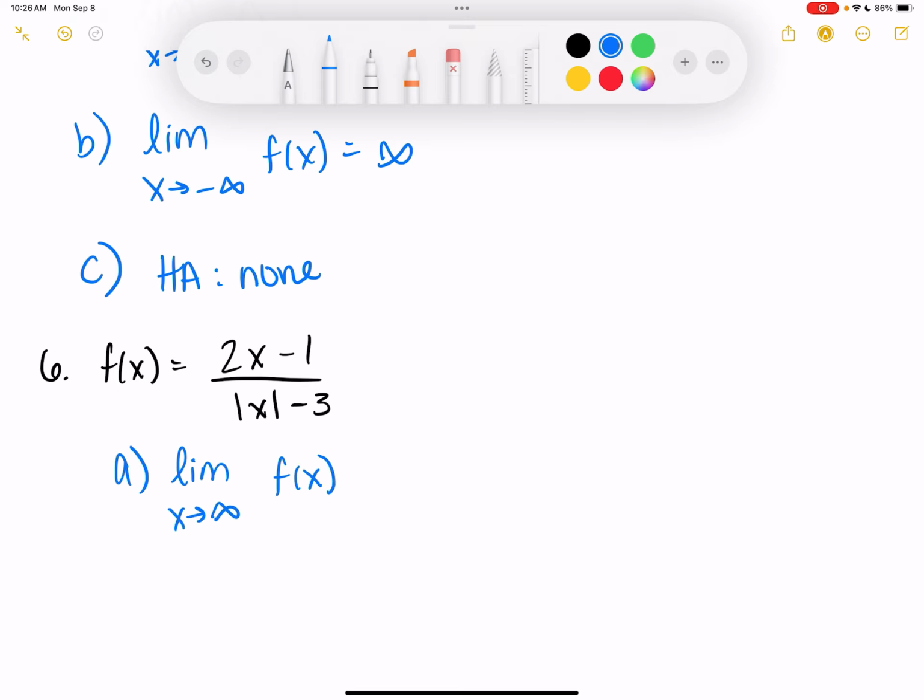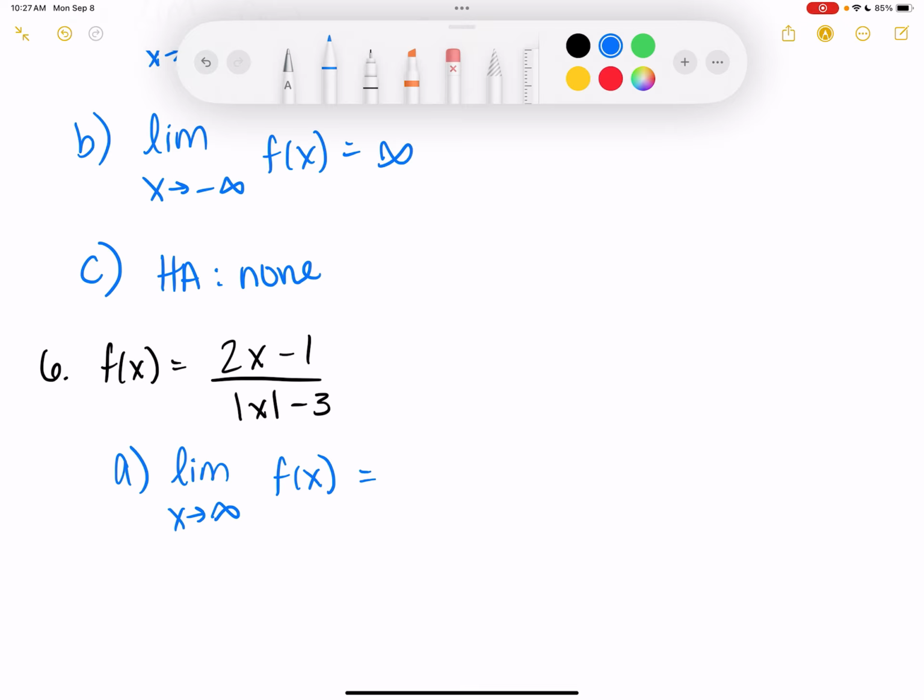So sometimes it throws people for a loop when there's an absolute value in here, but the x power is still just x, right? It's still just to the first power. So when I'm evaluating this problem, I want to pretend like the absolute values almost aren't there. The only place it's going to play a factor is our horizontal asymptotes, basically.